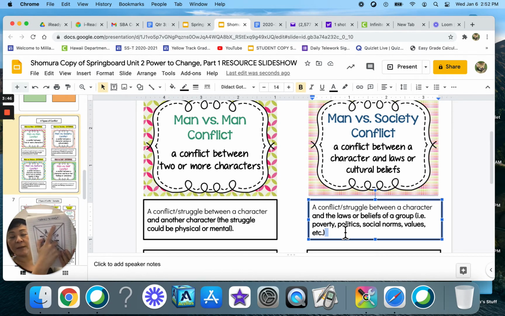So at the top here, write man versus society, external. Okay, and then underneath the flap, you will write a conflict/struggle between a character and the laws or beliefs of a group. Okay, this box under here. Okay, so please write that under this flap. Okay, the man with the world, society.